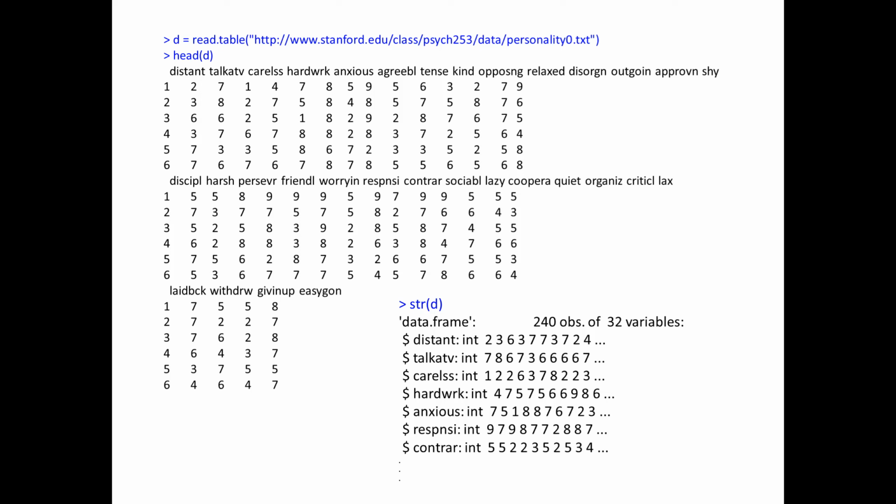Another goal is to find which traits or variables define each factor and hence what labels we should give each factor. So again, I think this should be pretty interesting.